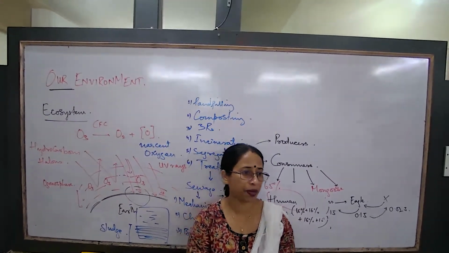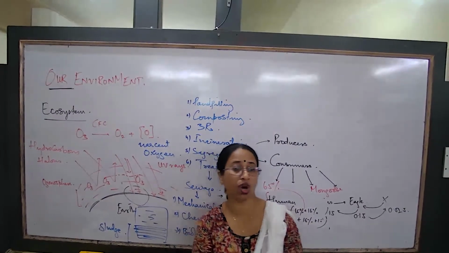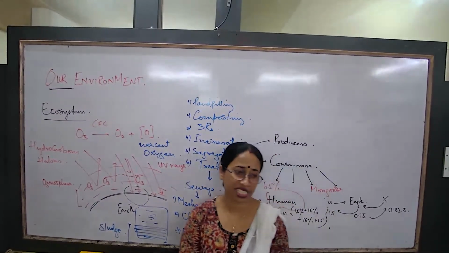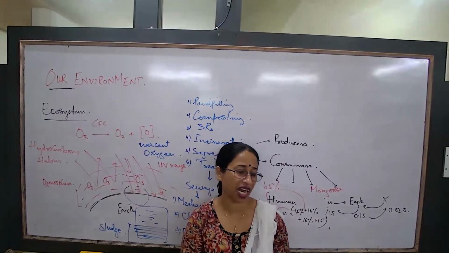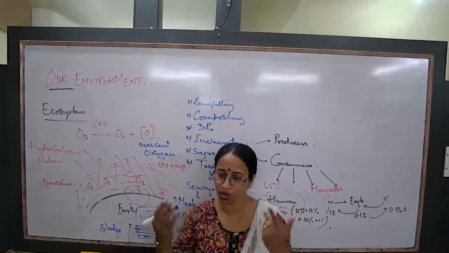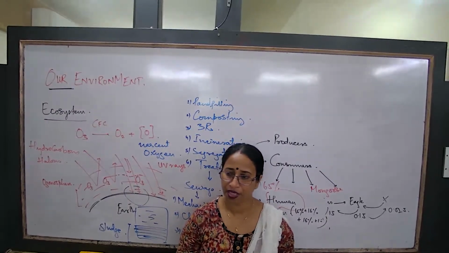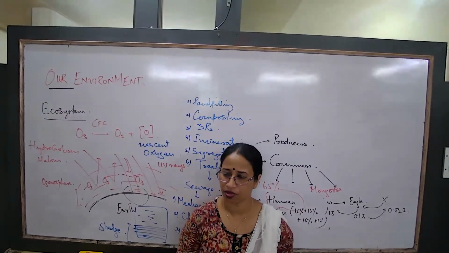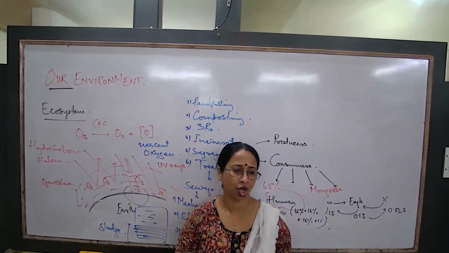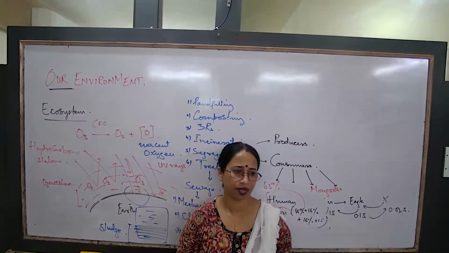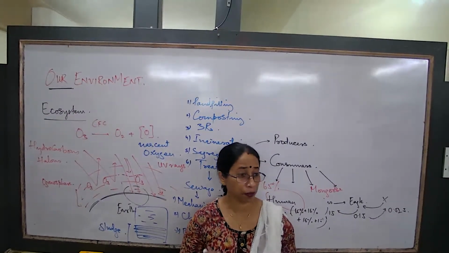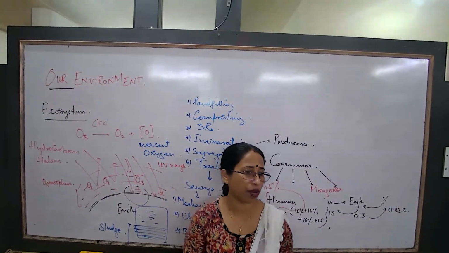What are the end products of digestion of proteins, carbohydrates and fats? Close your books, all of you. Simplest form of digestion of proteins, carbohydrates, and fats.